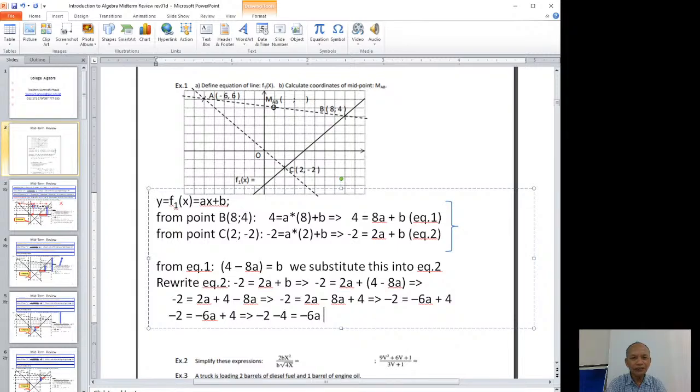So we have now negative 6 equals negative 6a. See? Negative 6 equals negative 6a.